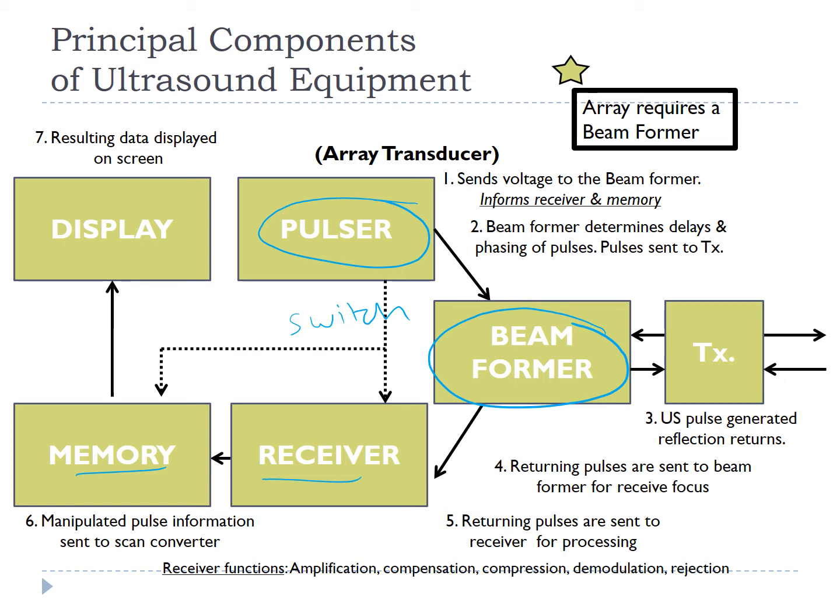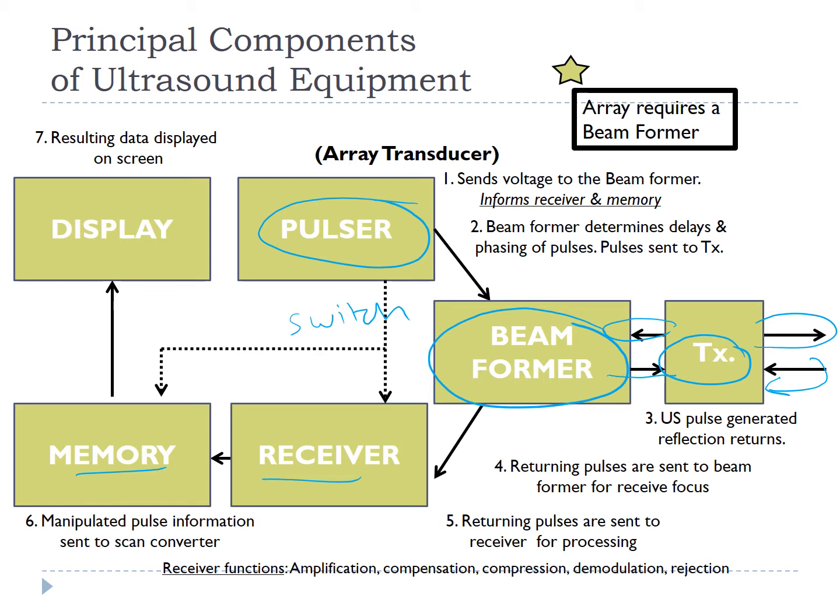So all those little electrical bits then travel down the channels to the transducer. The transducer will generate the sound pulse. The sound pulse goes into the body, returns. The returning sound pulse gets switched back into electricity, which will go back through the beamformer, and that will decide how the electricity gets sent to the receiver.